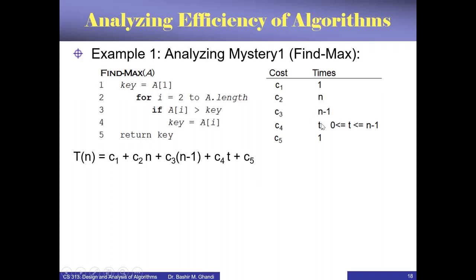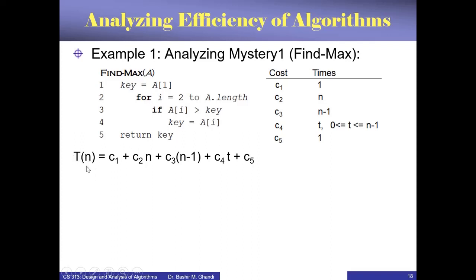You don't use it as a variable, for example, because n in an algorithm simply means the input size. The input size is n. So don't use n for anything else other than the input size. And this running time function, we are defining it to be a function of n.